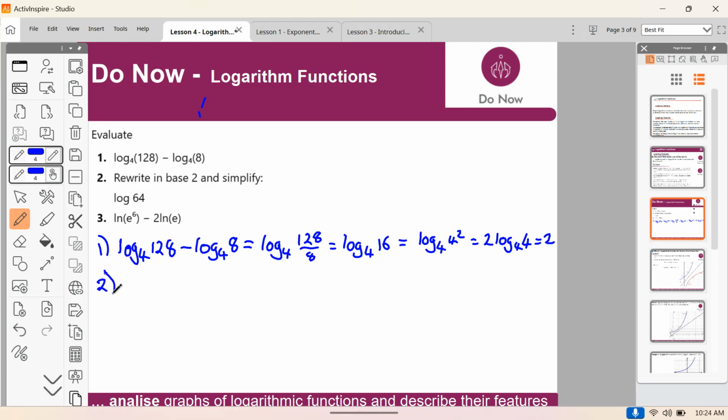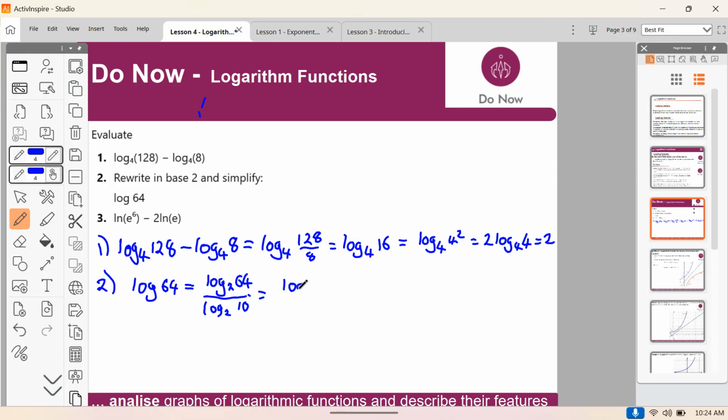Question 2. Rewrite in base 2 and simplify. We've got log 64. Because no base is shown, these are common logarithms, so they're in base 10. If we want to write this in base 2, we want log base 2 of 64 divided by log base 2 of 10.